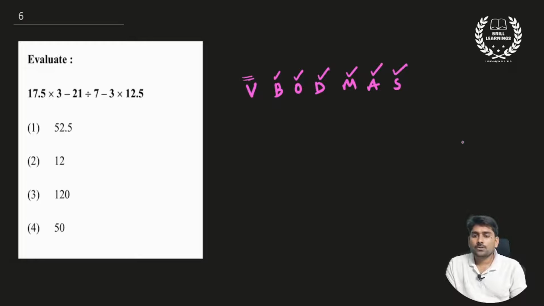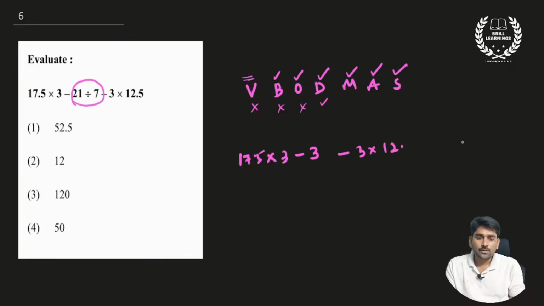So, is there a vinculum? No. Brackets? No. Of? No. Division is here. First simplify this expression, because we have to give first priority to the division out of the given operators. So 21 by 7 is 3. Here we have 3 into 17.5, and then here minus 3 into 12.5.